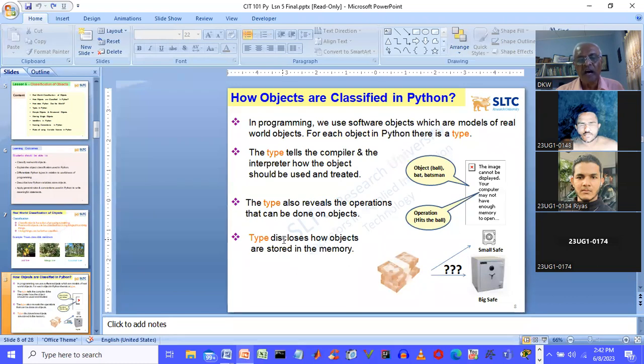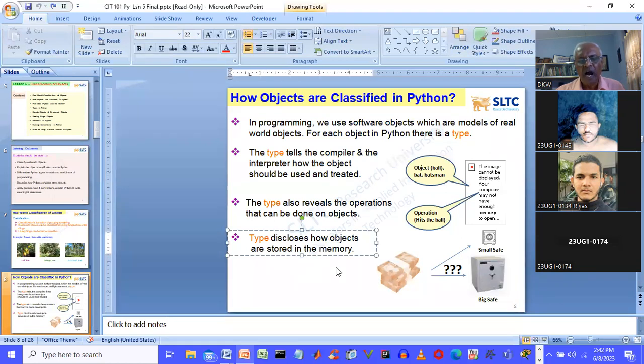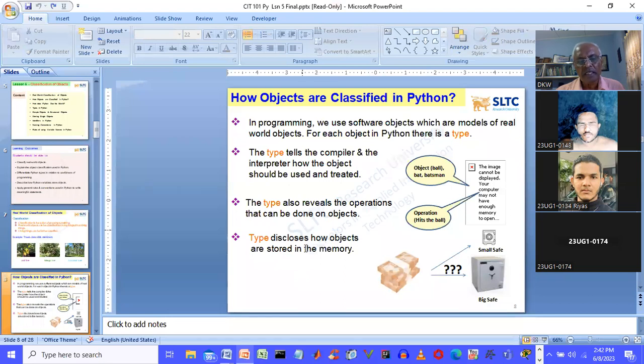Type discloses how objects are stored in the memory. What do you mean by store? Now take two animals, a cat and a dog, right? The dog will need a cage, and a cat normally does not need a cage to live, right? So the type of object discloses the storage requirement. It will give you an idea about storage requirements.